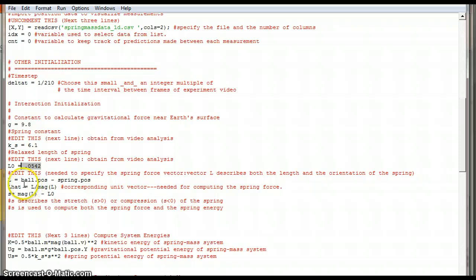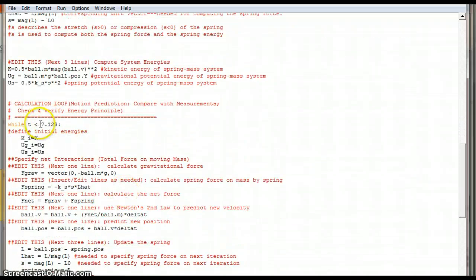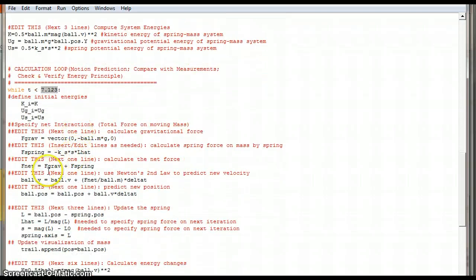These are the initial conditions, and this is the total time, and the F net is equal to the force due to gravity plus the force due to the spring.